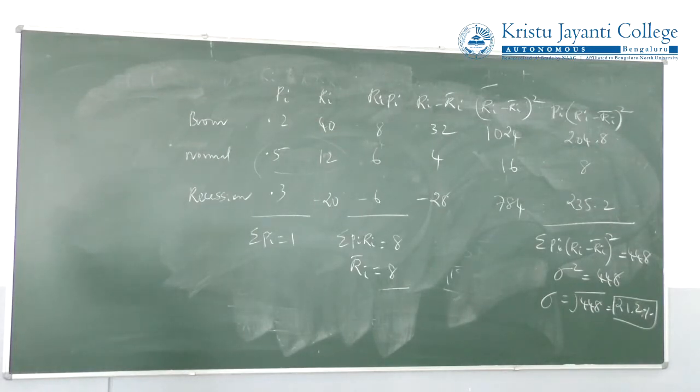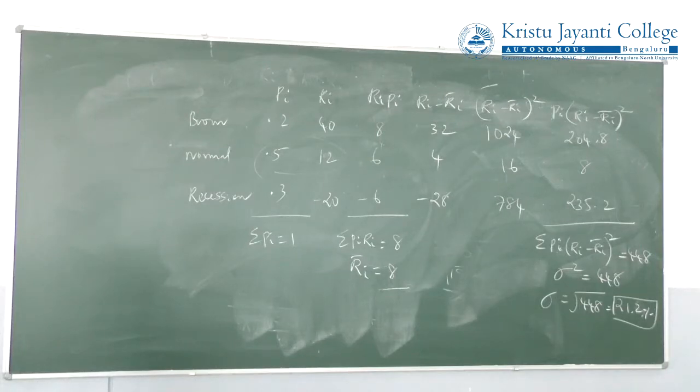Offline, online, all of you can see that, correct? Please note down. State of the economy, Pi, Ri. Boom, 0.6, Ri is 45%.